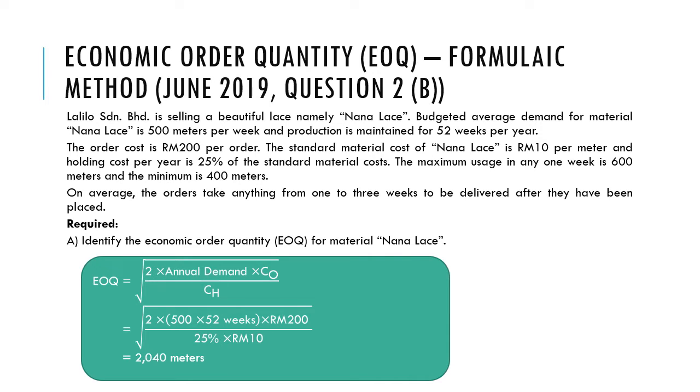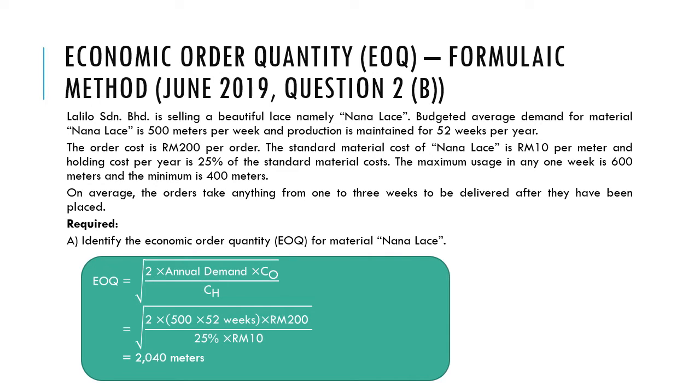We divide by the holding cost per unit. So if the standard material cost is 10 ringgit per meter, the holding cost incurred is 25% of the said cost. Therefore, to hold 1 meter of Nana lace, the company will have to incur 2 ringgit and 50 cents. Okay, so you calculate accordingly.